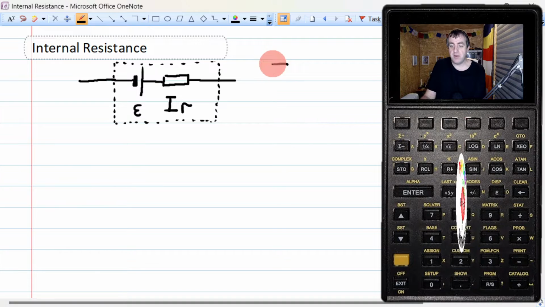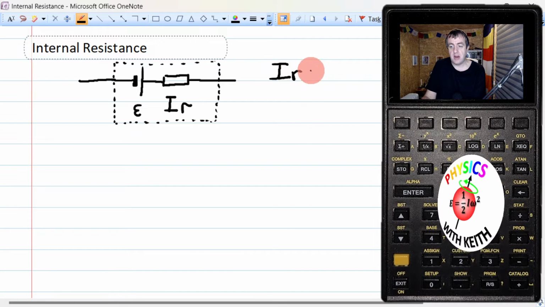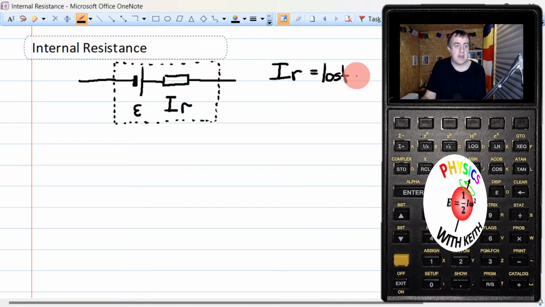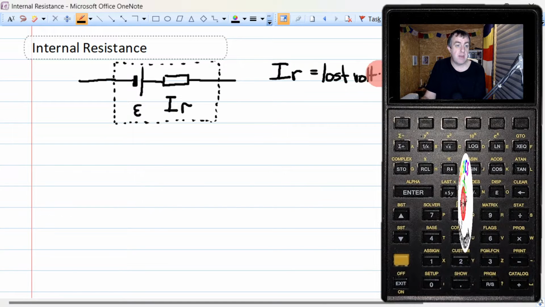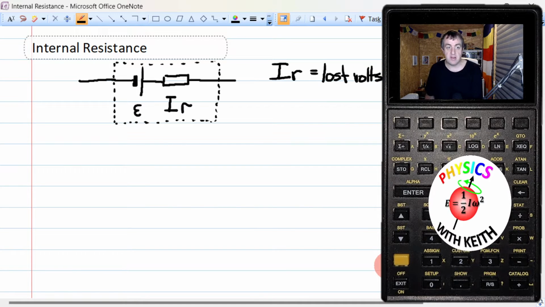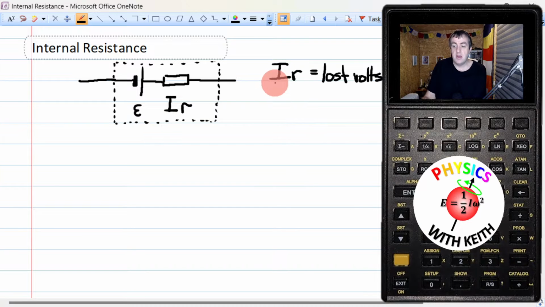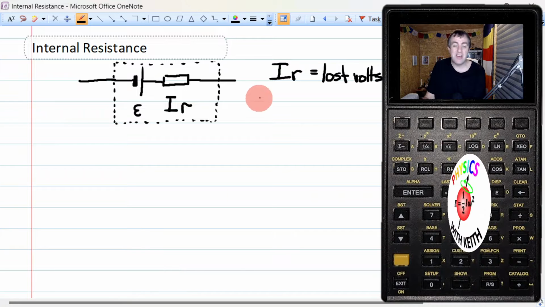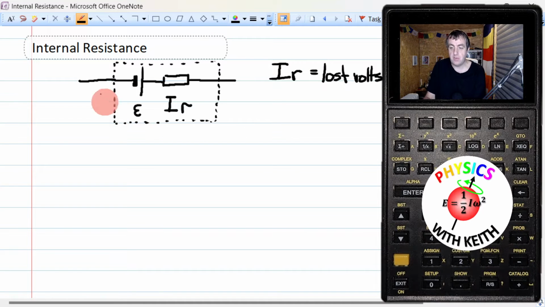There's a special name for that. We call Ir the lost volts. I don't like that name. I didn't invent the name, but there we go. That's what it gets called, lost volts. The current that passes through the power supply multiplied by r, the internal resistance.